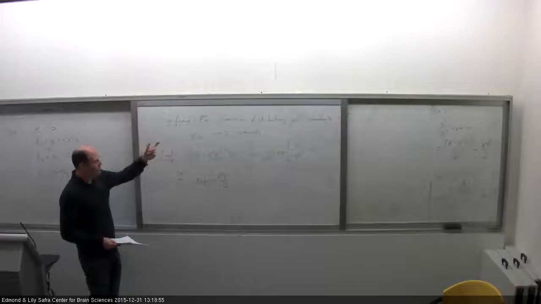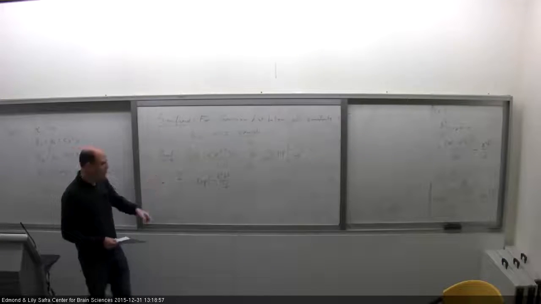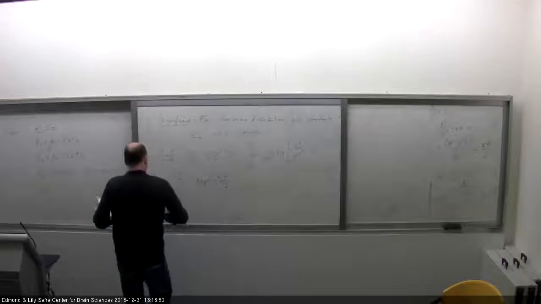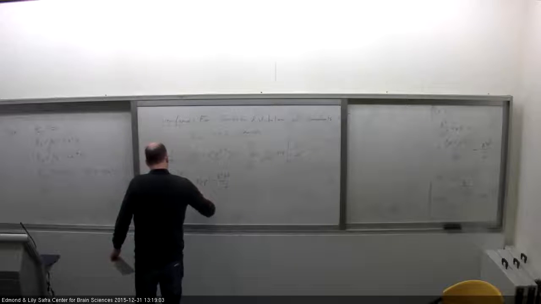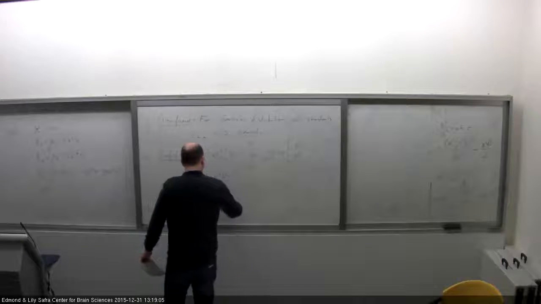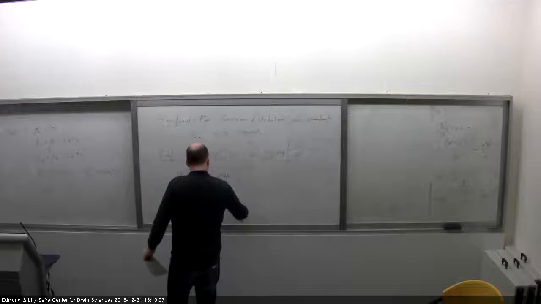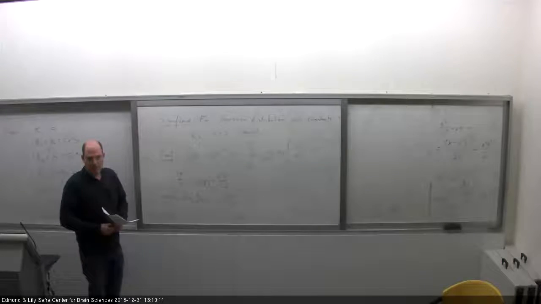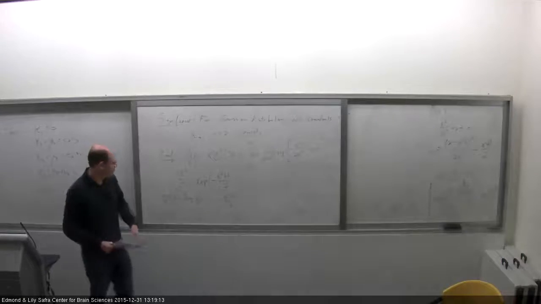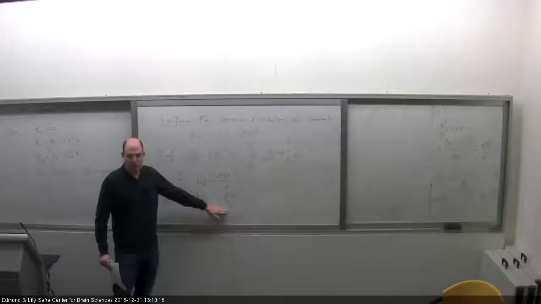Remember that to get the cumulants, we need to take the log of this. So g of t, which is the log of f of t, is sigma squared t squared over 2. And the cumulants, by definition, are the coefficients of the Taylor expansion of this as a function of t.